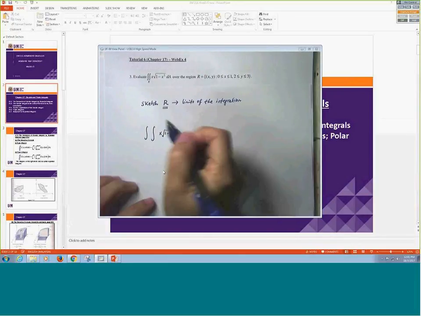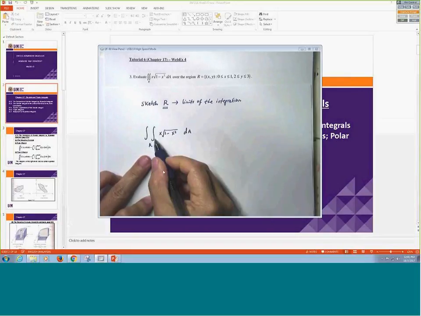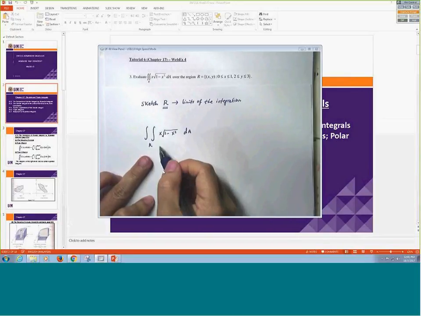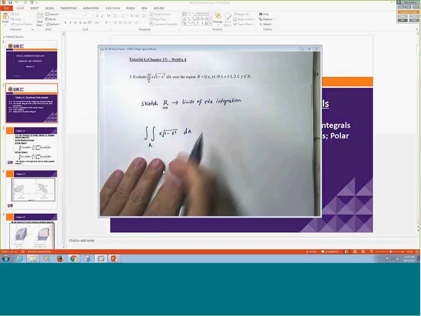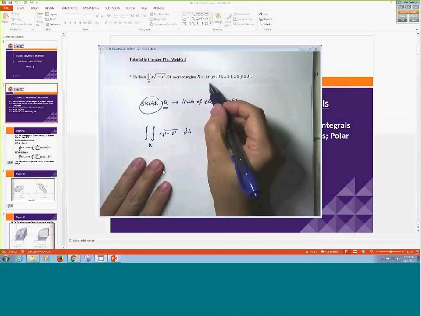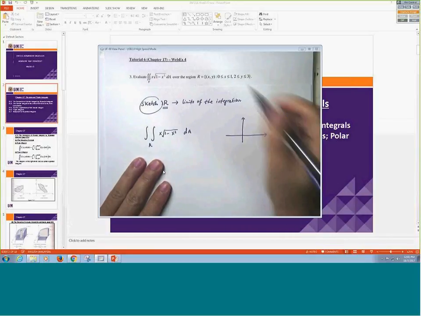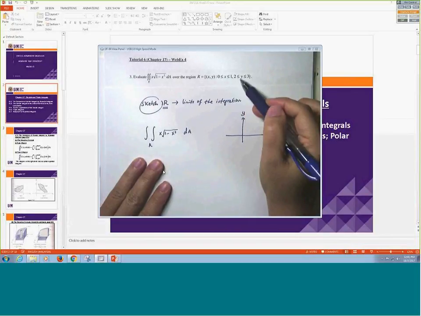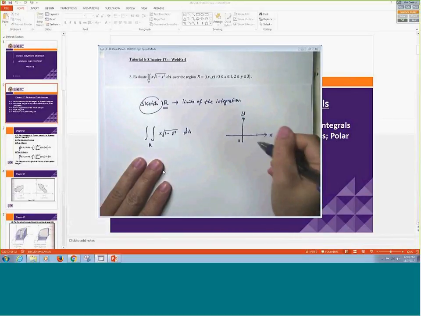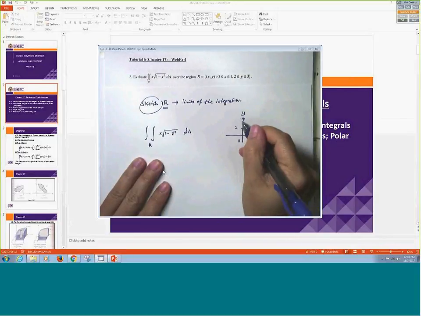Now the region R will determine the limits of integration, and to determine it, you must sketch the region R. Here the region R is simple, in the xy plane, with x from 0 to 1 and y from 2 to 3.